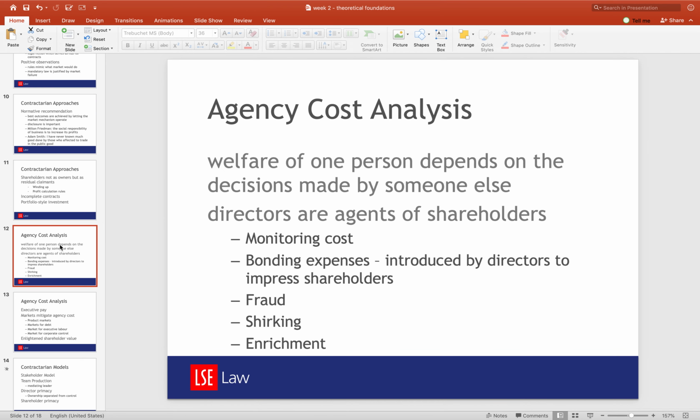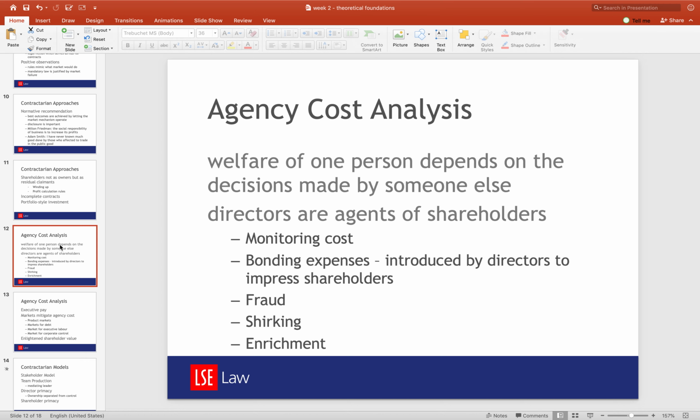Now, connected to contractarian theories is the agency cost analysis, and that is the mainstream, modern, you can say orthodox theoretical approach. How does it work? You analyze company law in terms of its participants, and you say the welfare of one person depends on the decisions made by someone else.